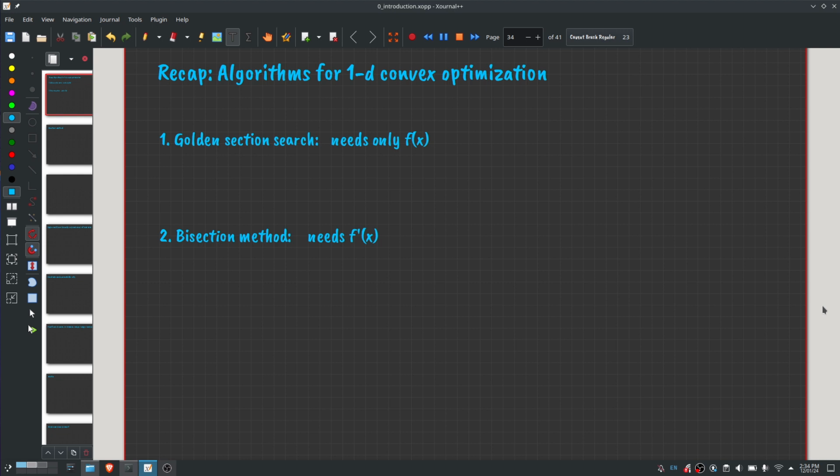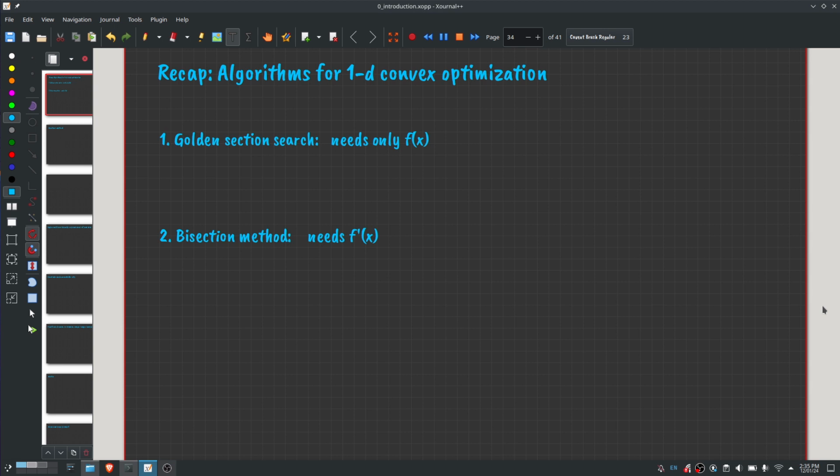In the golden section search, we didn't even need convexity. All we required was that the function be unimodal, and you don't even need differentiability. As long as you can evaluate f at every point, that is sufficient. And we saw that by choosing parameters appropriately, it's enough to just evaluate f of x once per iteration.